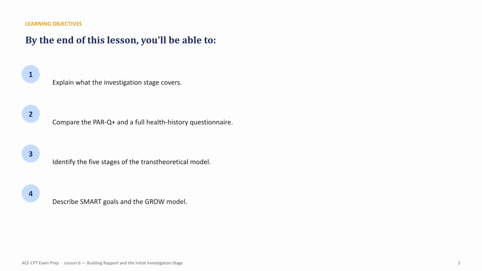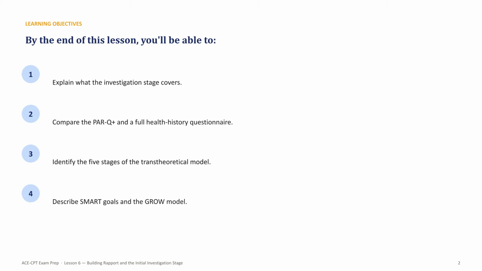Let's look at what you'll be able to do by the end of this lesson. There are 4 objectives. First, you'll be able to explain what the investigation stage actually covers, from start to finish. Second, you'll compare the PAR-Q Plus against a full health history questionnaire and know when each one is the right tool for the job.